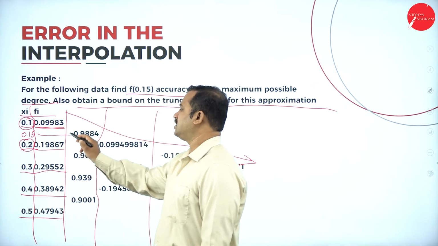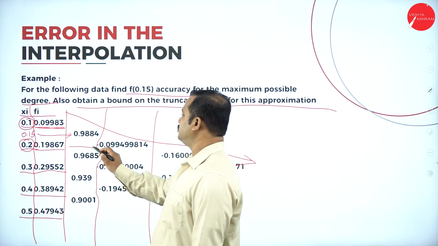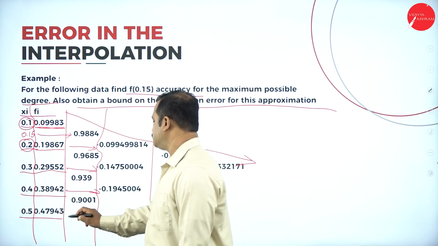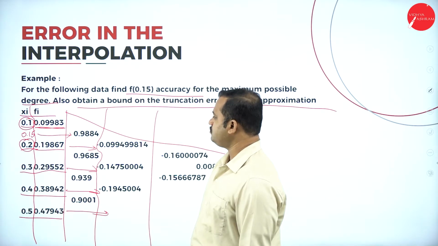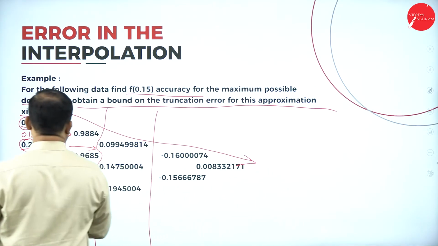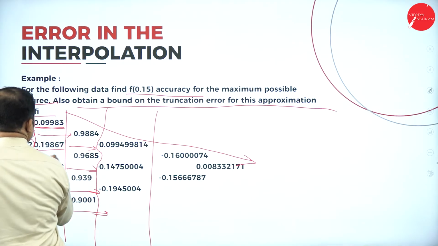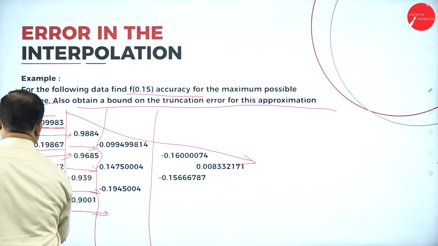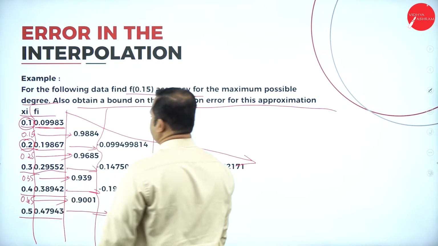That corresponds to this, and so on. There is one more term, that is 0.25. This term corresponds to this. 0.35 corresponds to this. 0.45 corresponds to this. So we have these terms like this.